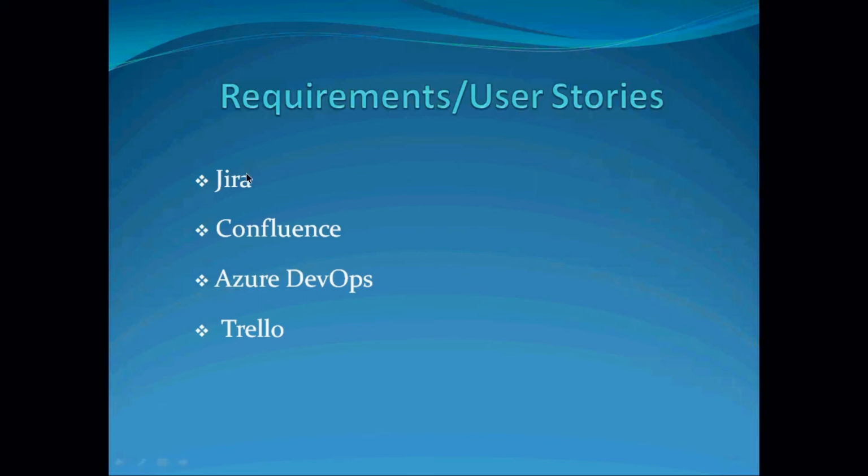So some organizations use Jira, some use Confluence, and some use Azure DevOps, which was previously VSTS. Depending on what the organization is using at the moment, the development team and the QA team will be using one of these tools to manage the requirements.